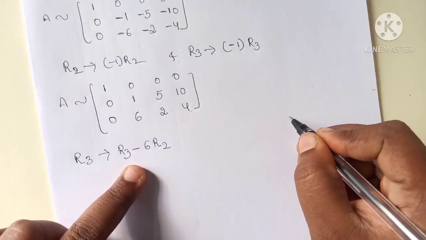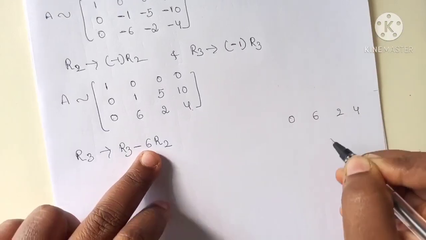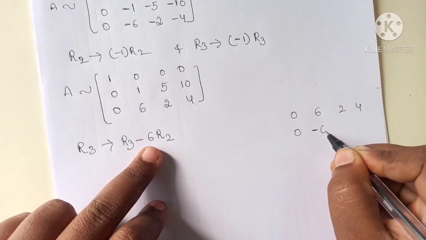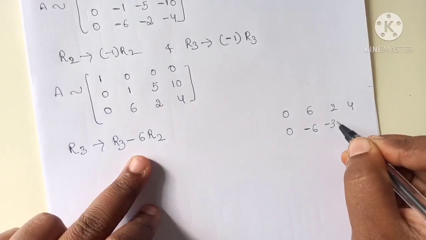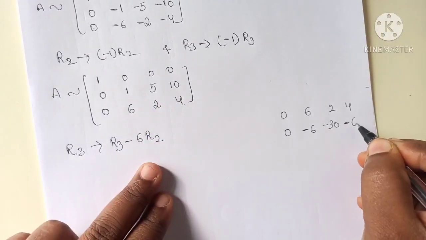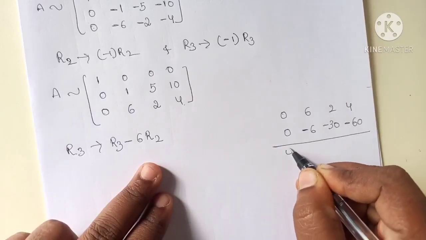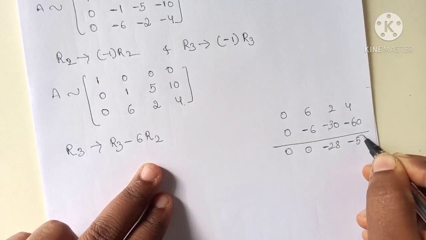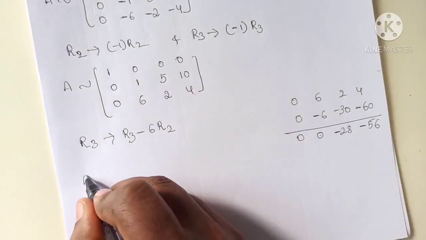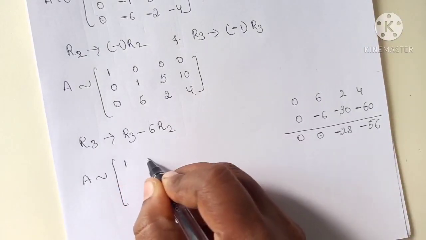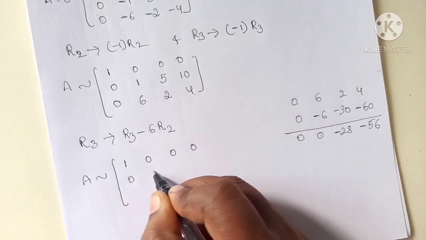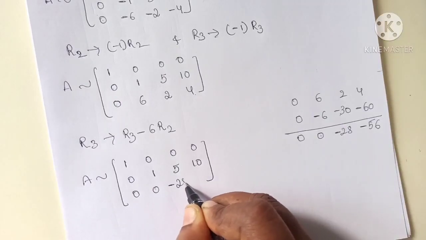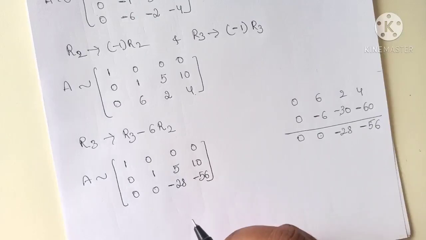Placing the R3 elements 0, 6, 2, 4, minus 6 into R2: 6 minus 6 into 1 is 0, 2 minus 6 into 5 equals minus 28, 4 minus 6 into 10 equals minus 56. Therefore, A is equivalent to 1, 0, 0, 0, 0, 1, 5, 10, 0, 0, minus 28, minus 56.